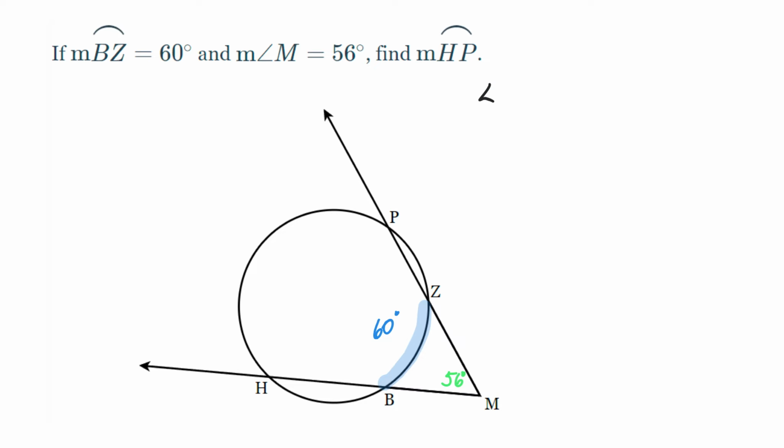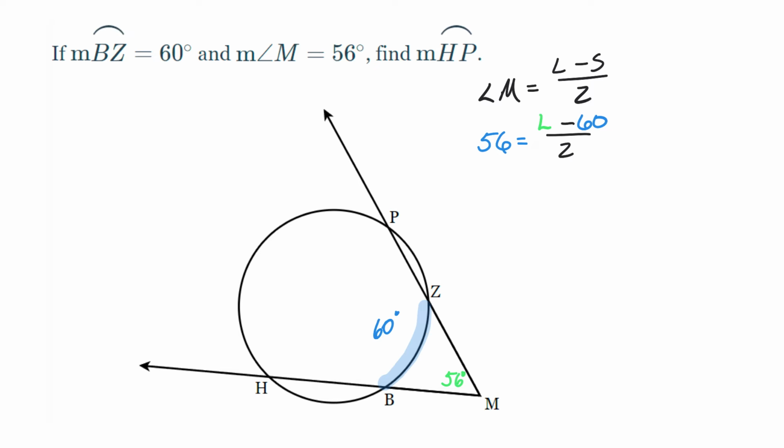Remember, the formula is the outside angle equals the larger minus the smaller, divided by 2. It's just a matter of what we have here is very different. We have the measure of the angle, that's 56. We also have the measure of the small arc, which we established as 60, but we do not know the measure of the large arc.